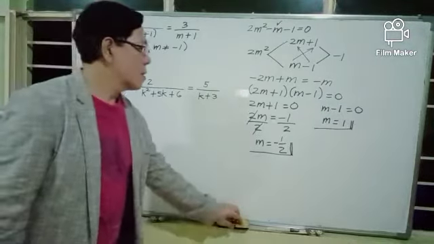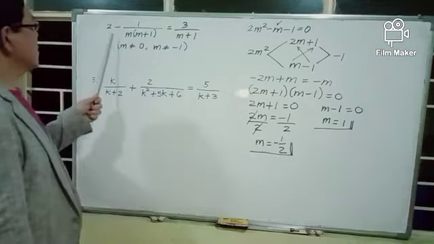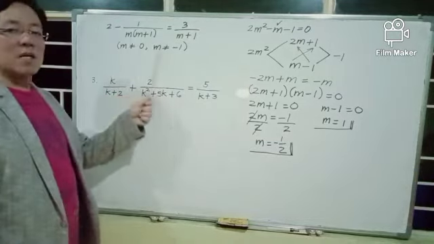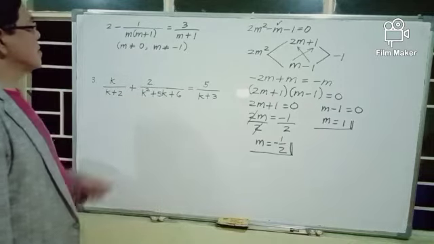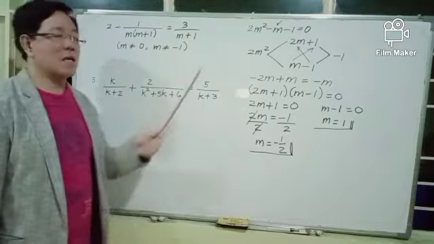We start with -1/2. We replace m with negative 1/2 and we check if the quantity at the left hand side will be equal to the quantity at the right hand side.